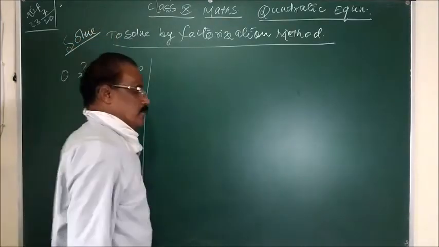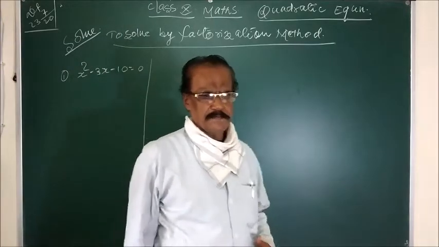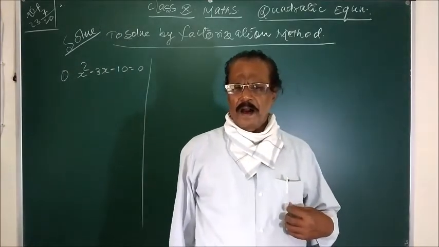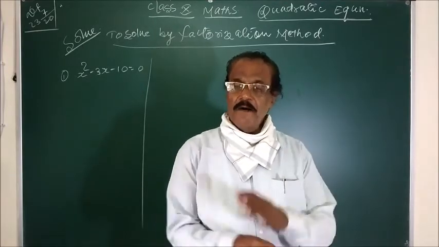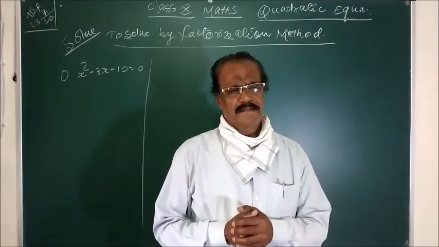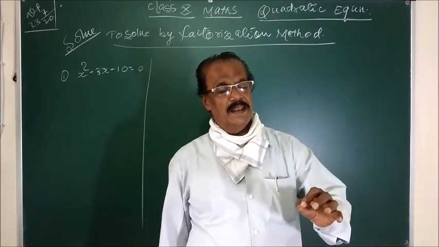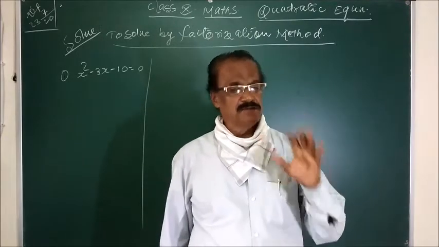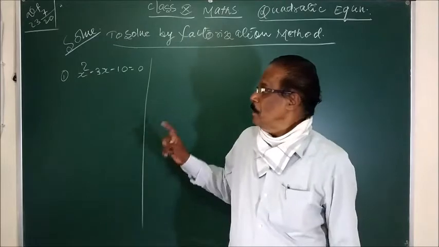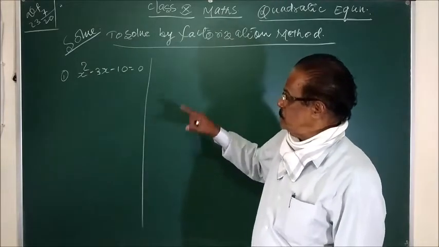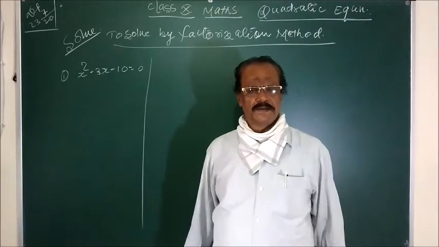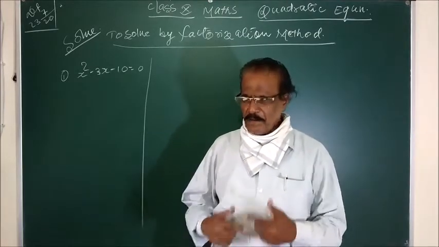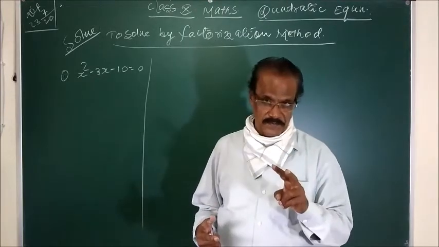Solve means you have to find the value of x. I have already explained the value of a variable in an equation. In a linear equation, there is one value, and in a quadratic equation, since the power of the variable is maximum 2, the values of x will be 2.